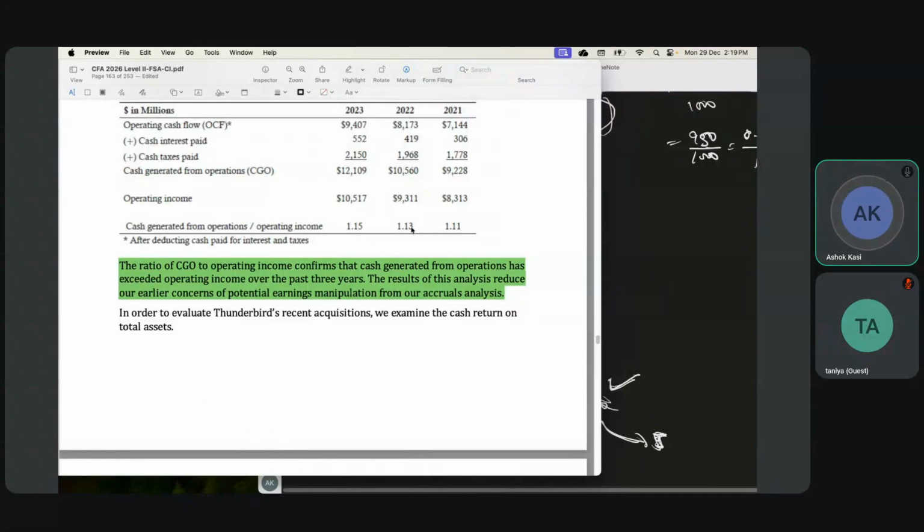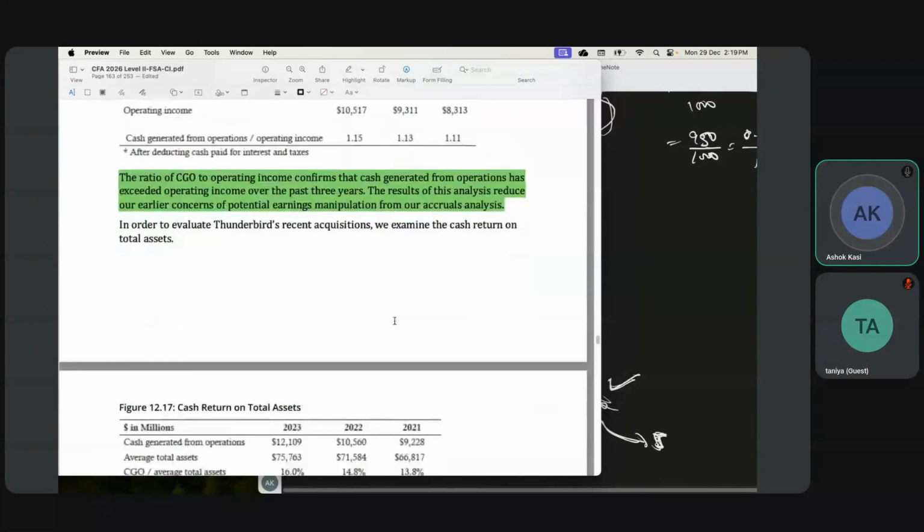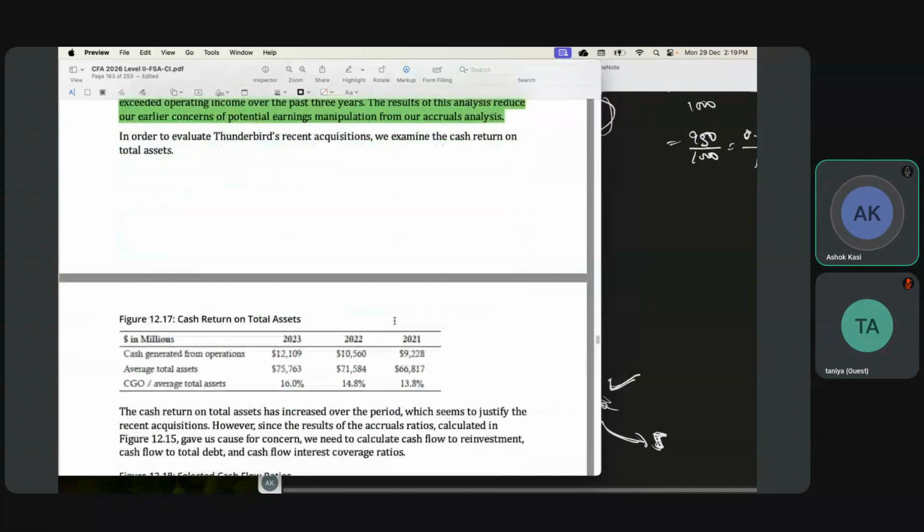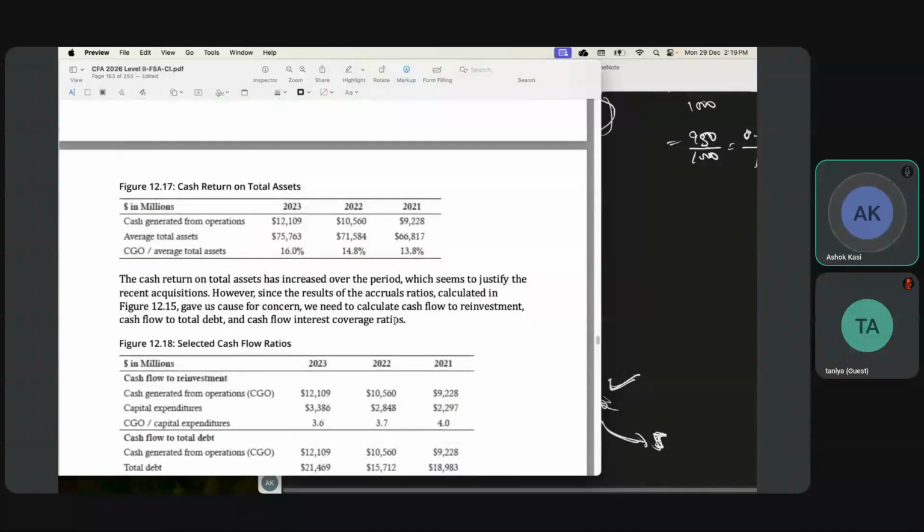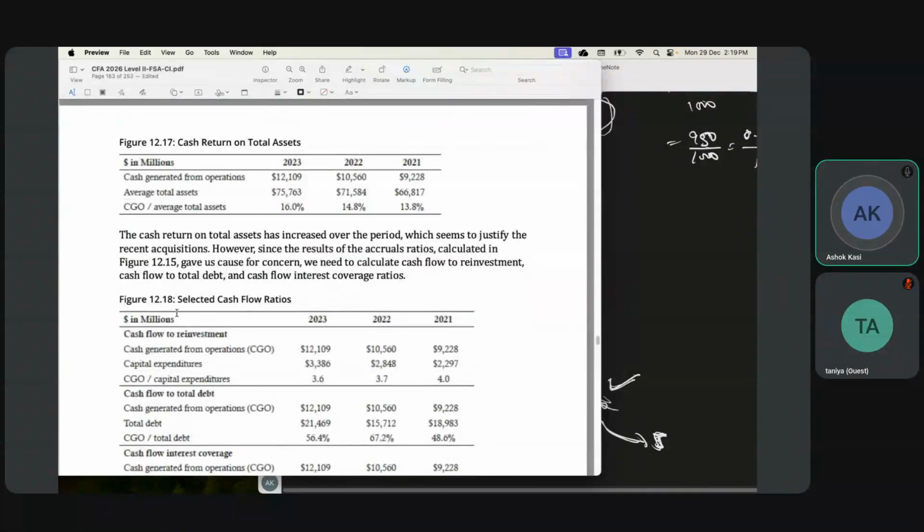So here it is fine. Cash return on total assets has increased over the time, which seems to justify the recent acquisitions.